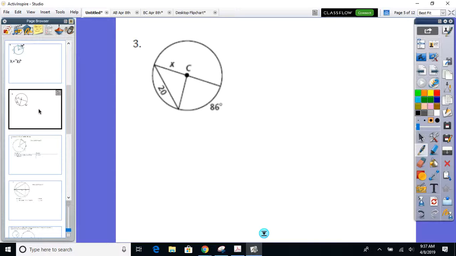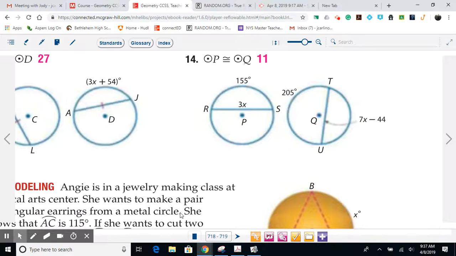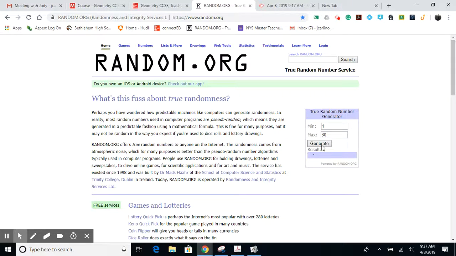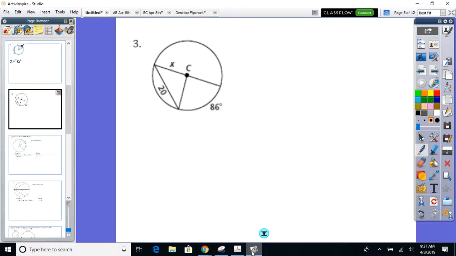Ready? All right, let's start. Number 21. I have this is 86 degrees. Where can I put 86 again? Name that. Thank you. Central angle. Just want you to get talking the vocabulary. That's 86.